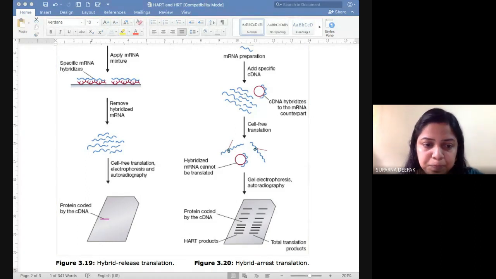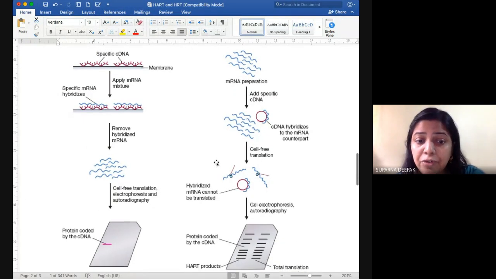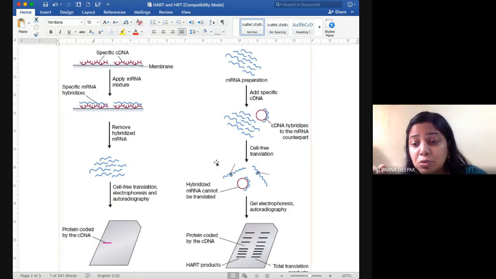No problem. So what we are saying here is we are trying to find out whether your recombinant cell is producing your protein of interest or not. So how do we do it?